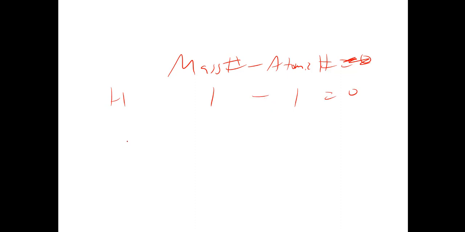Let's say I had something like carbon. Let's say I had a mass number of 12. I have an atomic number of 6. And then I have 6 neutrons.